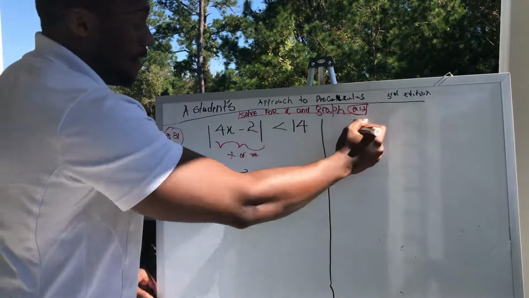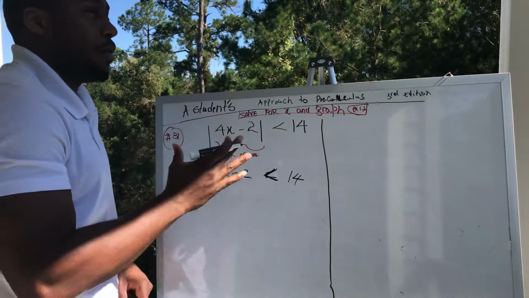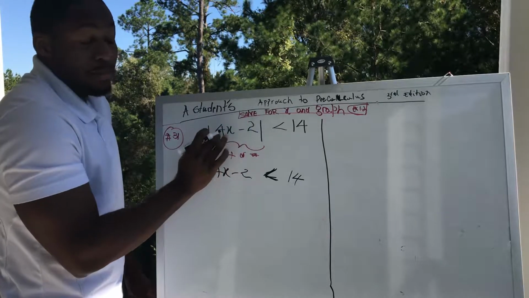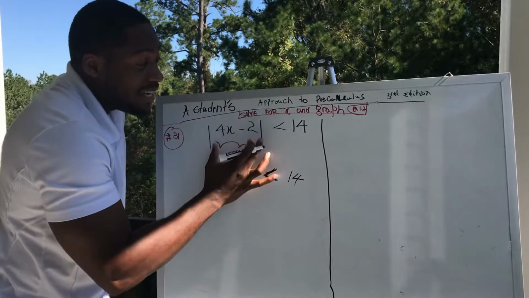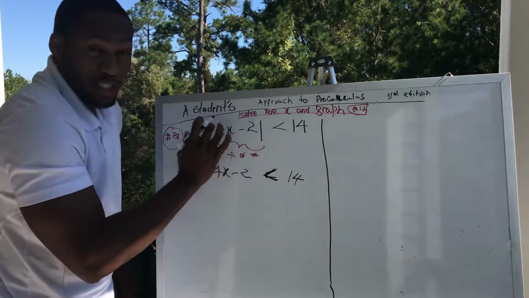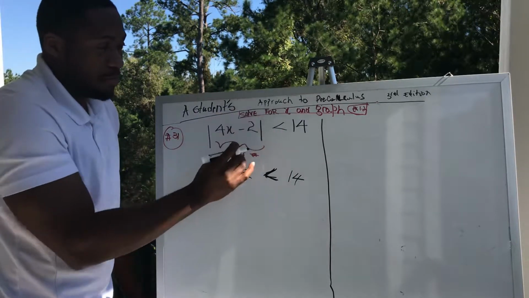Here, if the whole thing inside the parentheses is negative, think about this being negative 5. Negative 5 times 4 is negative 20, minus 2, negative 22. This is negative. In order to solve this, you have to transform the negative into a positive, because it's an absolute value.